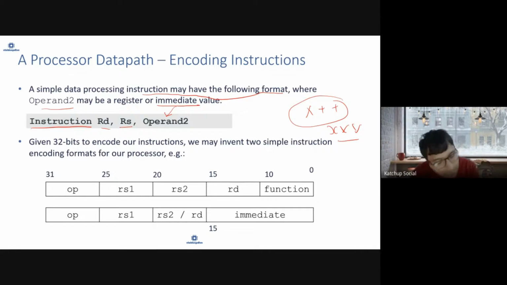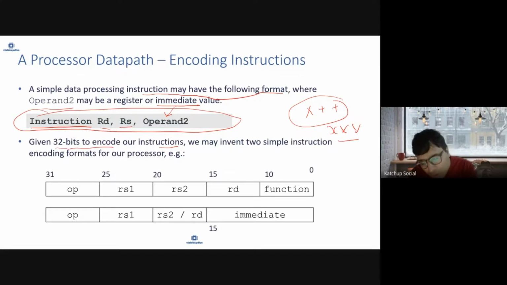Now, given this, we have 32 bits to encode our instructions. So this is the sample format of our instructions, and we have 32 bits to encode them. There are two simple instruction encoding formats which we can design. One format is this: some bits you give to the opcode, what operation you want to do. Then this is the address of your result.